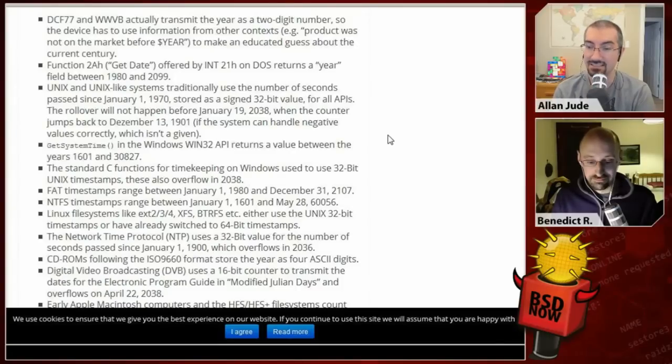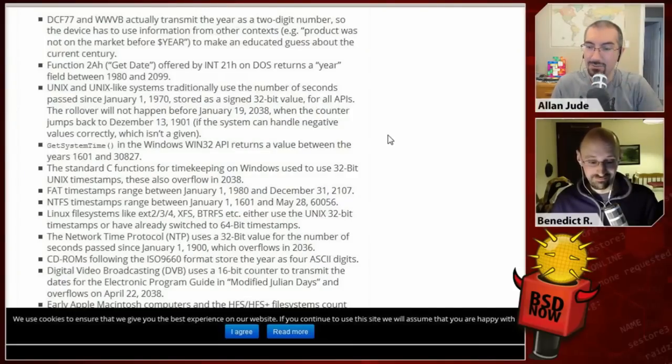Unix and Unix-like systems traditionally use the number of seconds that have passed since January 1st, 1970, stored as a signed 32-bit value for all their APIs. The rollover will not happen before January 19th, 2038, when the counter jumps back to December 13th of 1901, if the system can handle negative values correctly, that is.